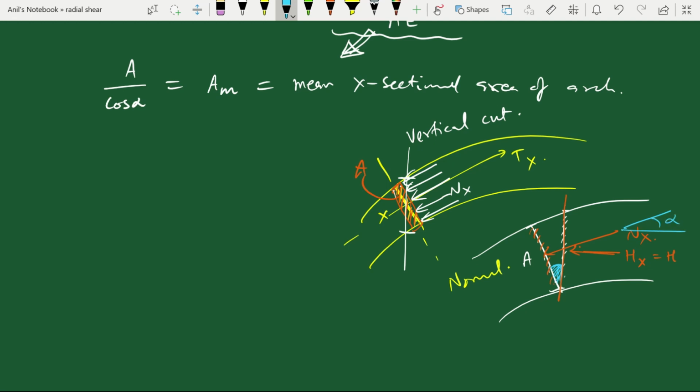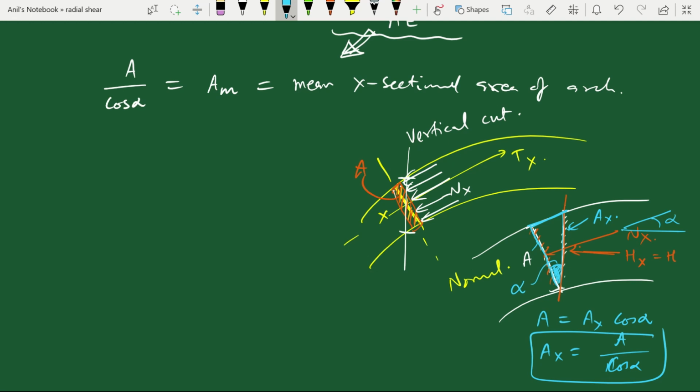So same will be the angle between A and this area Ax, and this angle is alpha. So here in this triangle we can easily write A will be Ax cos alpha, or Ax will be A upon cos alpha.